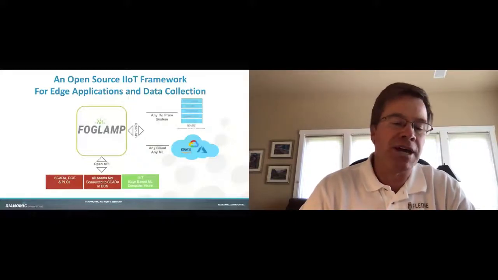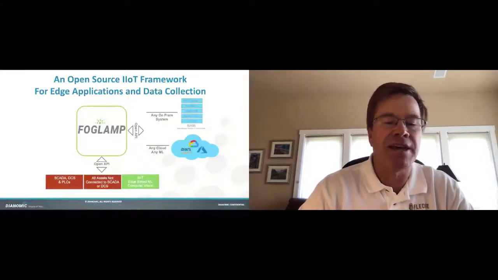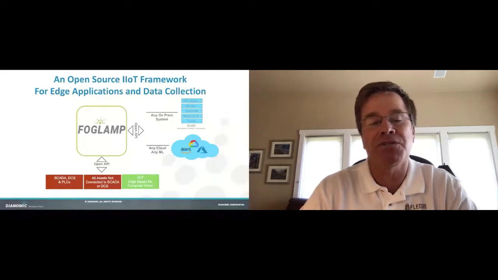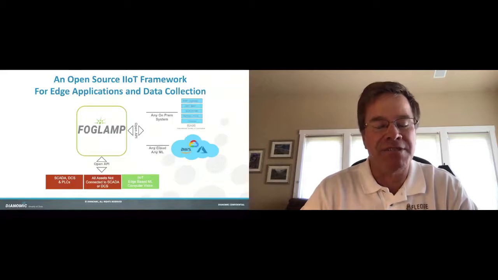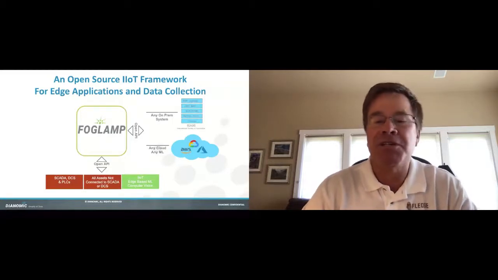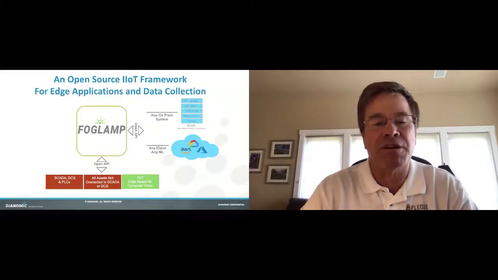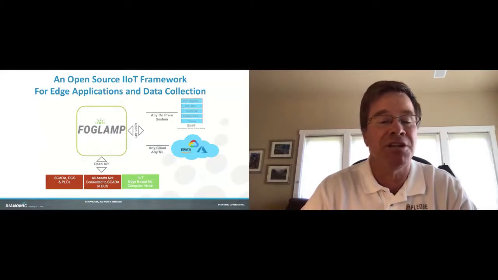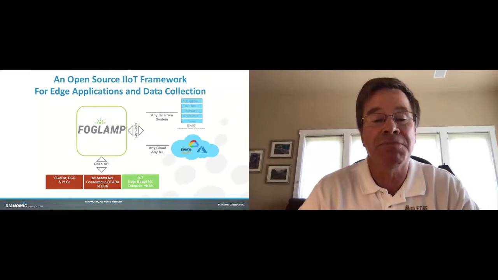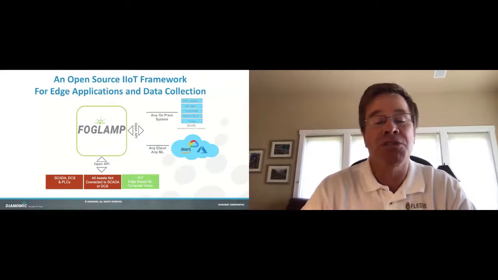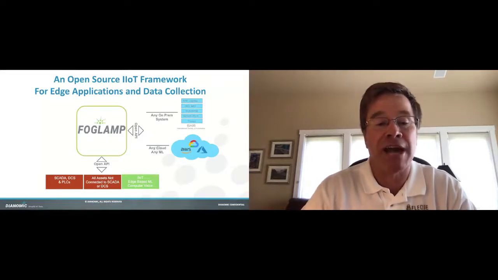And then on the north side in energy, the applications that consume that data are unique. So starting with this box here, for convenience sake, I just call it the ISA 95 stack. So systems like the OSIsoft Pi server Daniel just talked about, they're in about 22,000 installations. About 80% of energy utilities in North America use them today as a historian. Most of those deployments are actually south of the firewall.